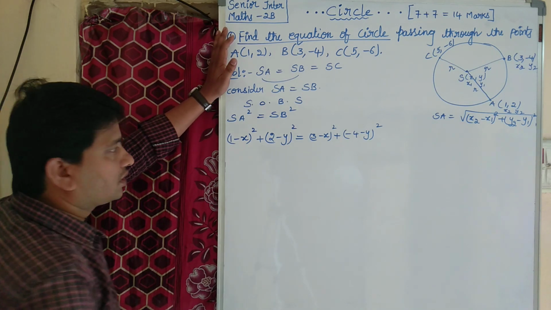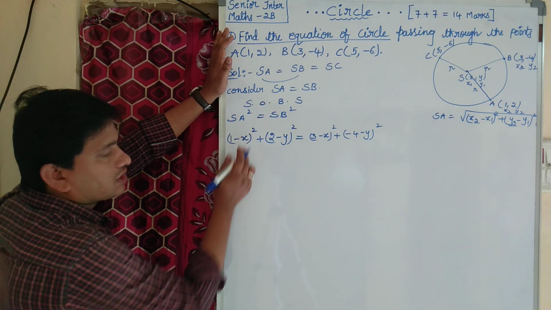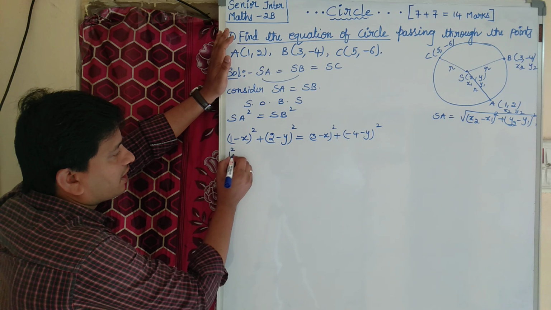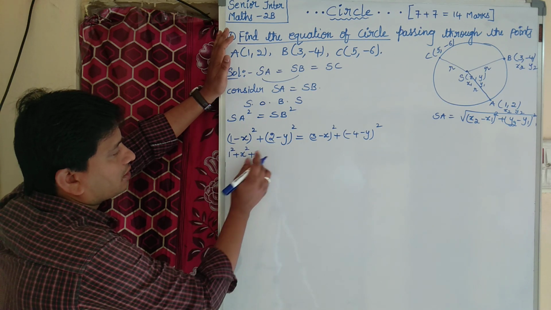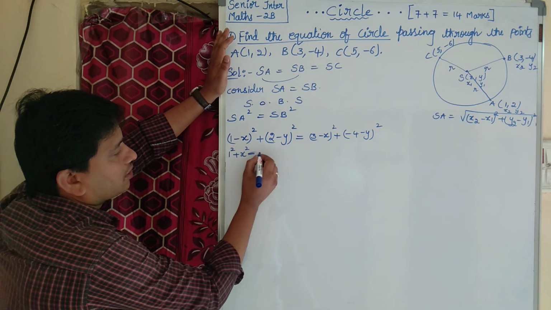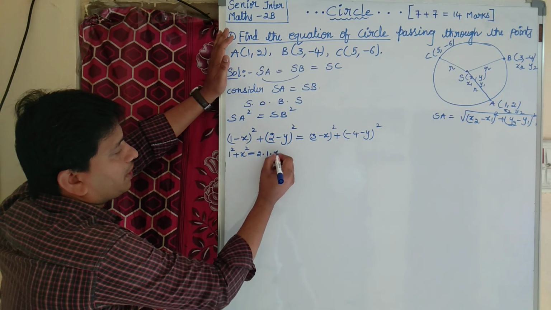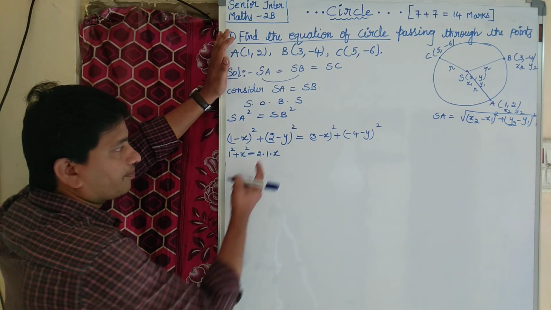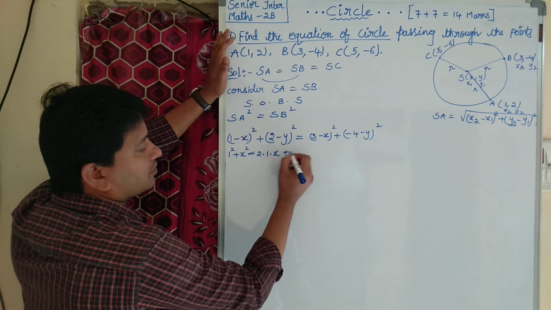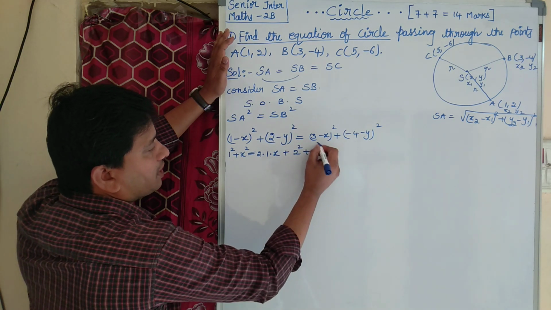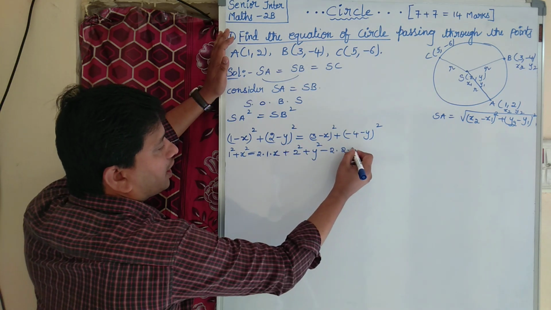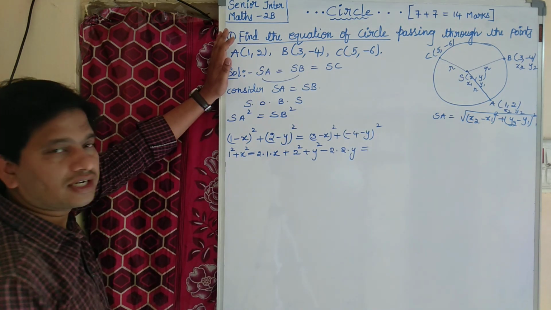Okay, children. Now (A minus B) whole square is A square plus B square minus 2AB. Similarly, (A minus B) whole square is A square plus B square minus 2AB. Left hand side over.